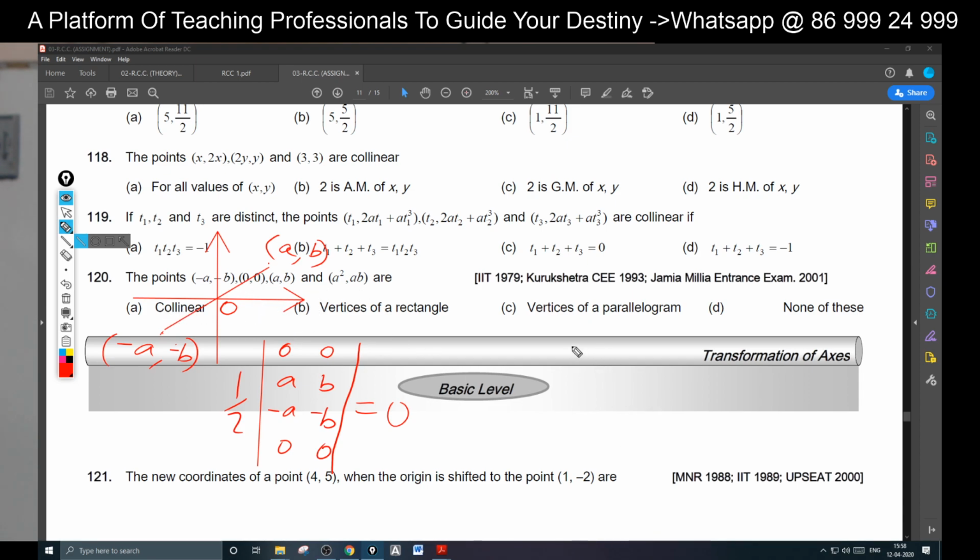So let me write that. (0, 0), (a, b), (a², ab), finally (0, 0). Just check.